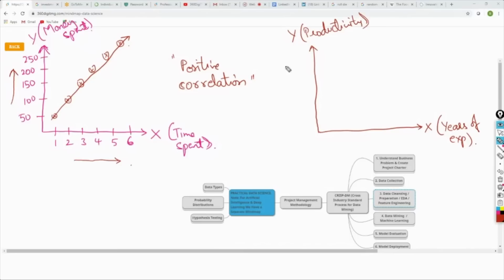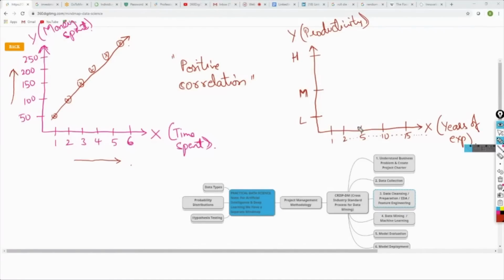Whatever be the productivity, and then you have the years of experience, 1 year, 2 years, 3 years, 5 years, 10 years, 15 years. You have all that experience level. And here, productivity, however you measure it, say productivity is high, medium, low. You measure using some number, but I'm just giving it in a categorical manner here.